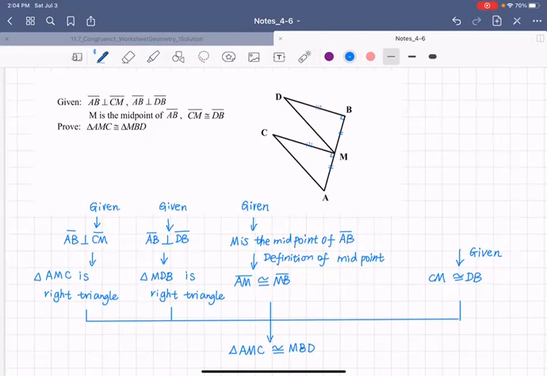Is it HL? This is one leg. This is another leg. Oh, LL. Okay. Now you might wonder why I have to write down this.